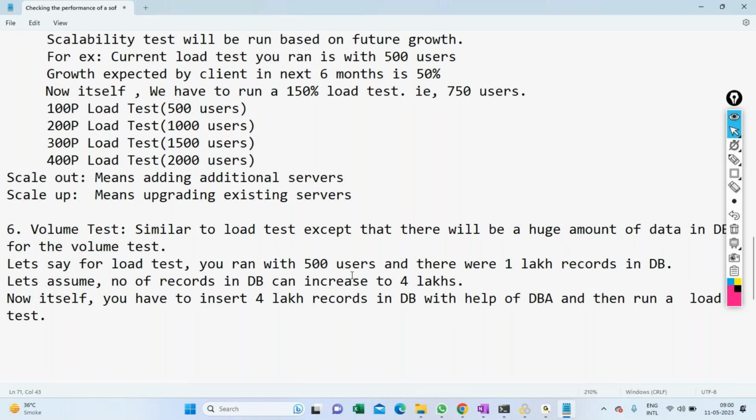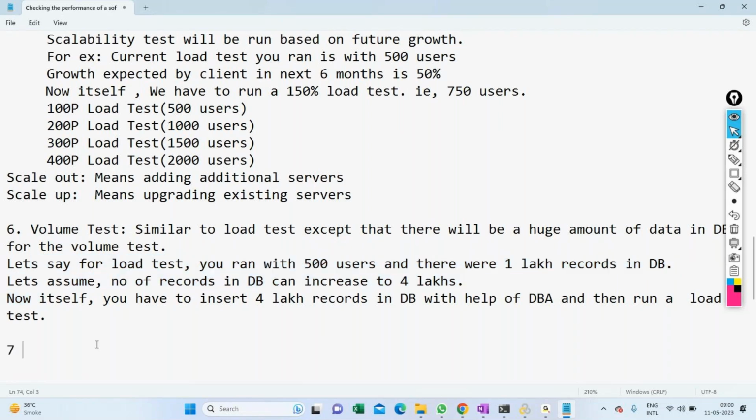Instead of applying the load through the UI, you can actually connect directly to the database and run queries. We call it database load testing. You can directly connect to the database, run SQL queries, and if you want, run stored procedures and all, and see how the database is performing. You can do that also.